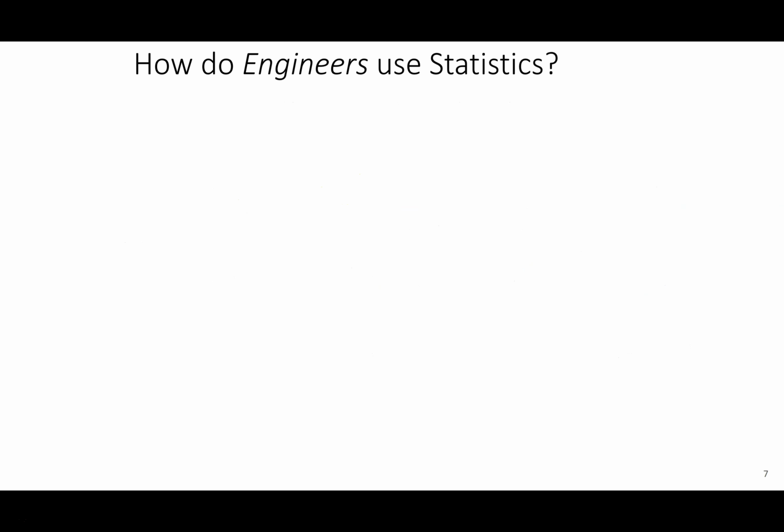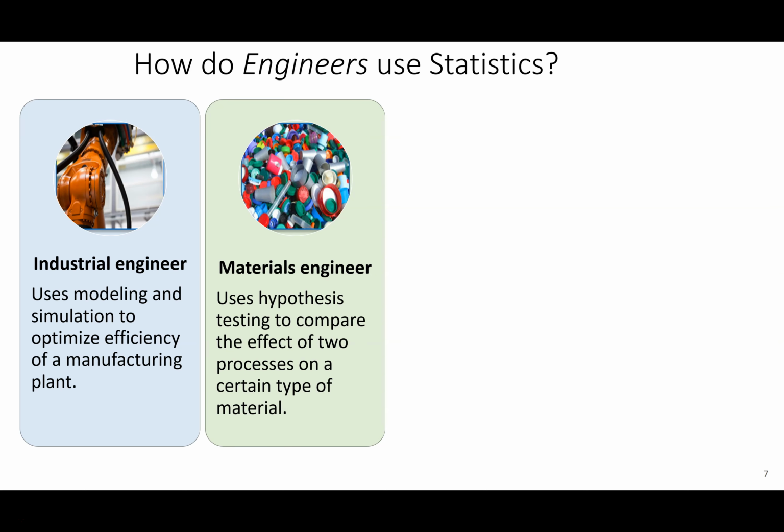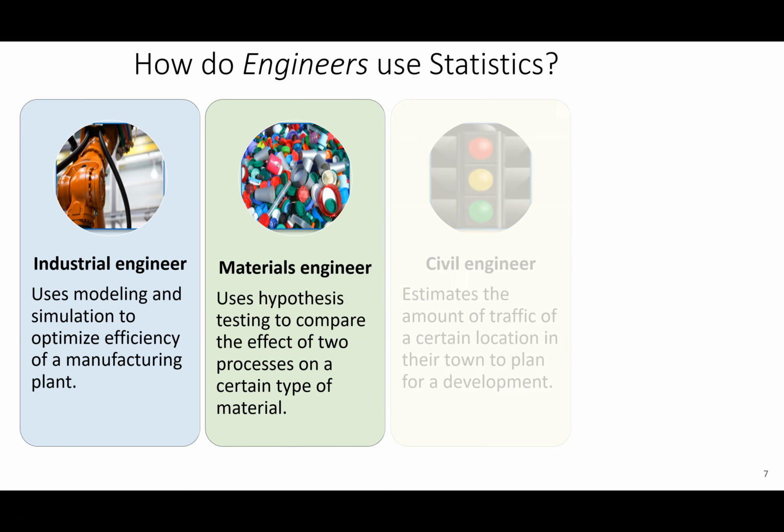So how do engineers use statistics? There are quite a few ways here as well. For instance, in industrial engineering, they use modeling and simulation to optimize efficiency of a manufacturing plant. In materials engineering, you might want to use hypothesis testing to compare the effect of two or more processes to compare different materials.